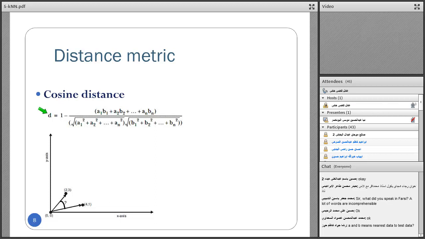If we want to find the distance between strings or characters, first we have to convert the string to a number, and after we have converted the string to a number, we could find the distance using the cosine distance.